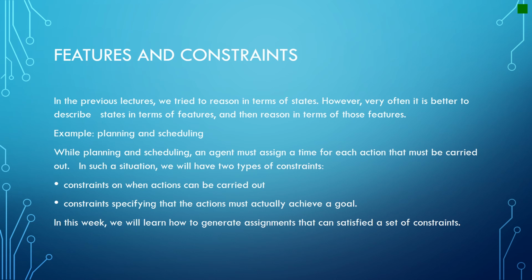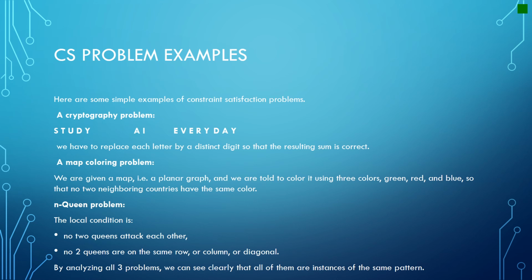For example, if your to-do list says to pick up your daughter at soccer at 4:30 p.m., and then you need to pick up your son at baseball at 5:30 p.m., you have constraints on when you can do those things. And you also have constraints that you actually have to pick up your kids. You can't just leave them at the fields. So in this week, we will learn how to generate assignments that can satisfy a set of constraints like that.